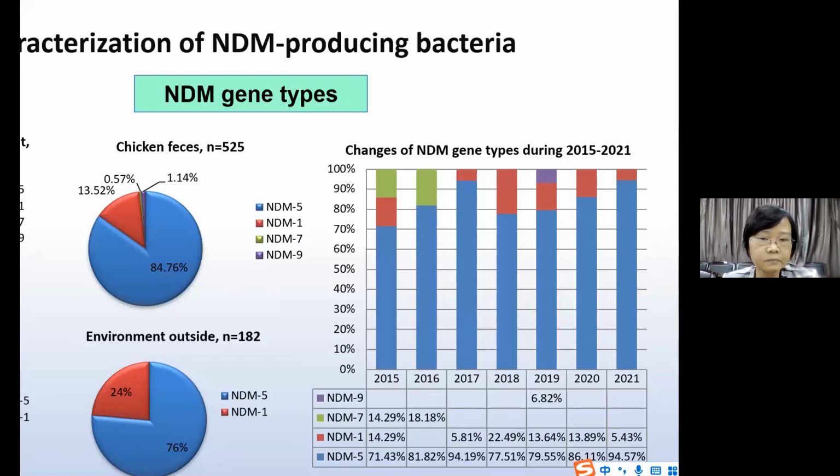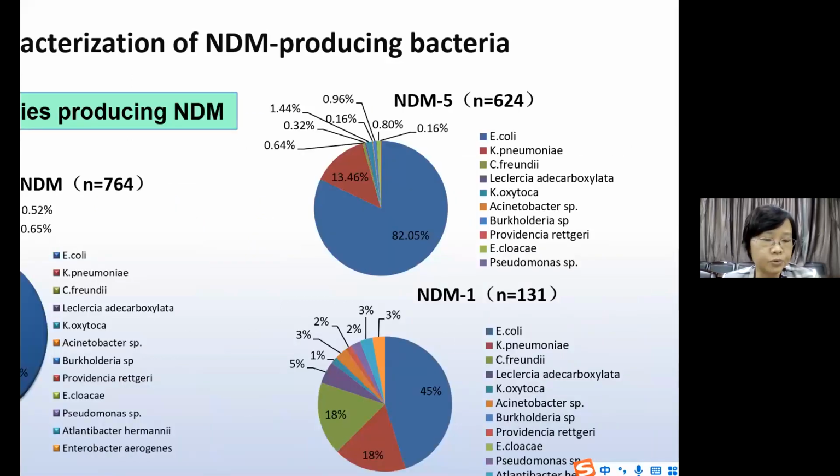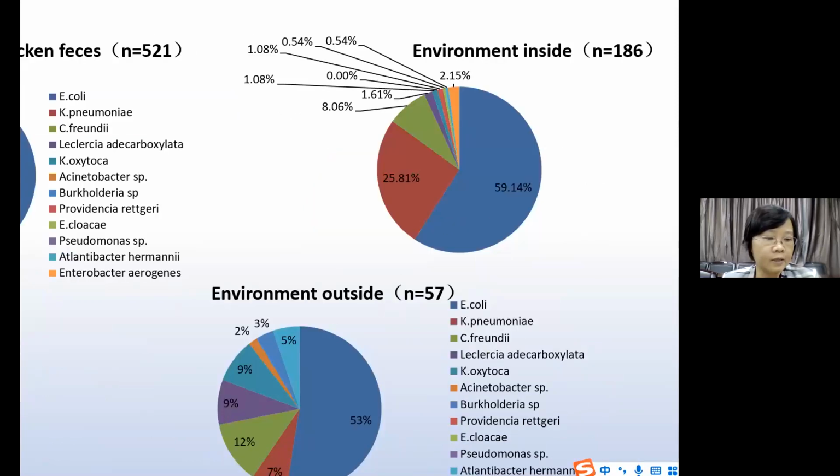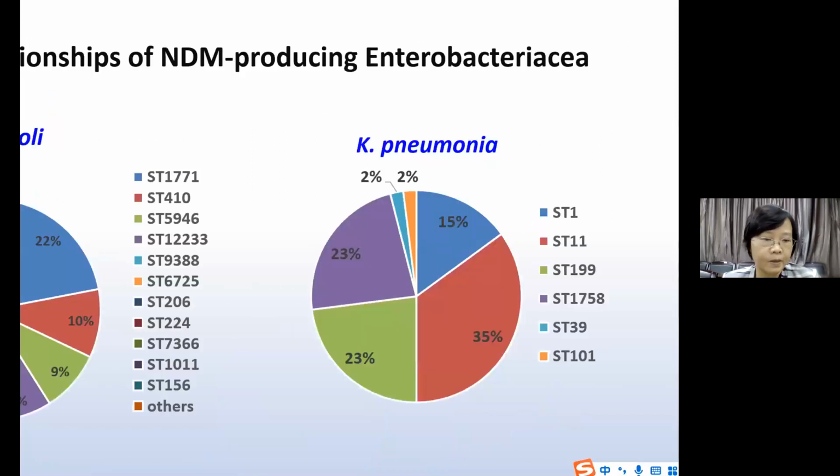So this has NDM-5 in the feces, and if you look at the strains, it's E. coli, Klebsiella pneumoniae, and other enterococci. For the NDM-producing strains, E. coli takes dominance, and NDM-1 is more pervasive. In the chicken feces, NDM positivity is more in E. coli, but in the environment, it's more diverse.